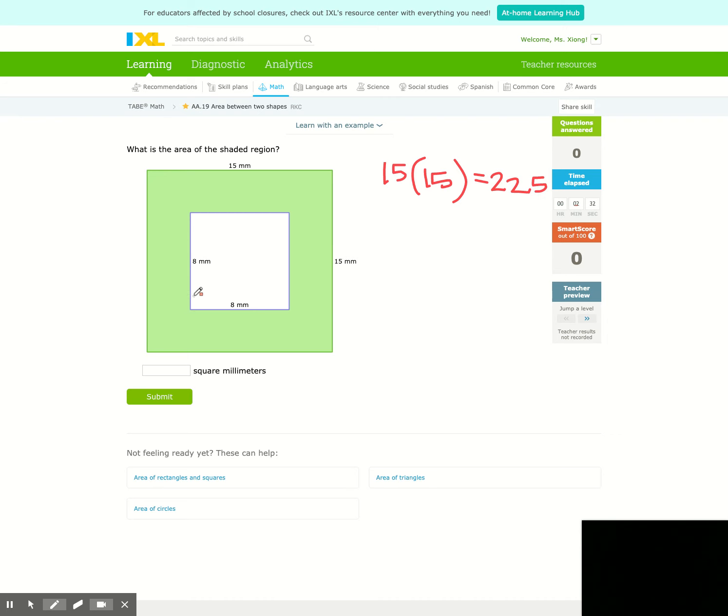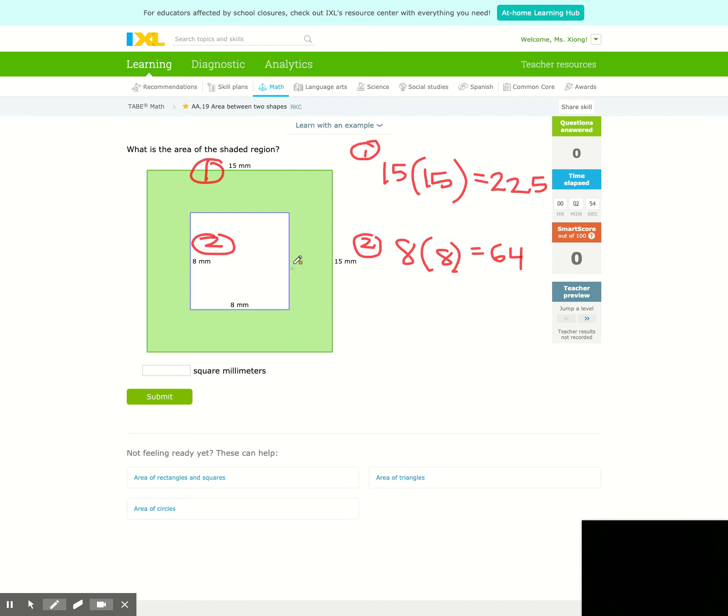Next, I have the smaller shape here, okay. Oh, maybe I should name them. Maybe that's easier. All right, so 1 is the big one, 2 is the small one, right? So now let's solve for 2. For 2, we have 8 times 8, and that is 64.